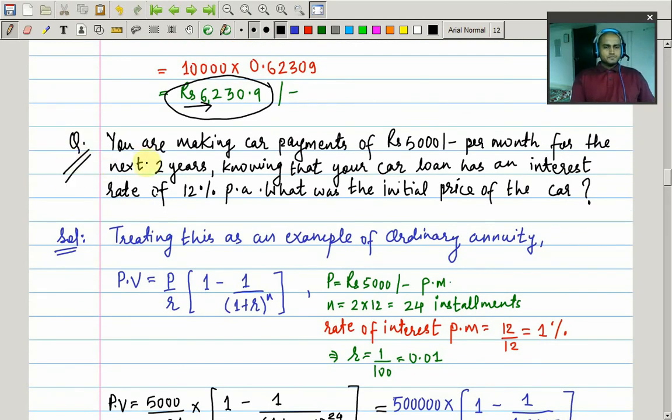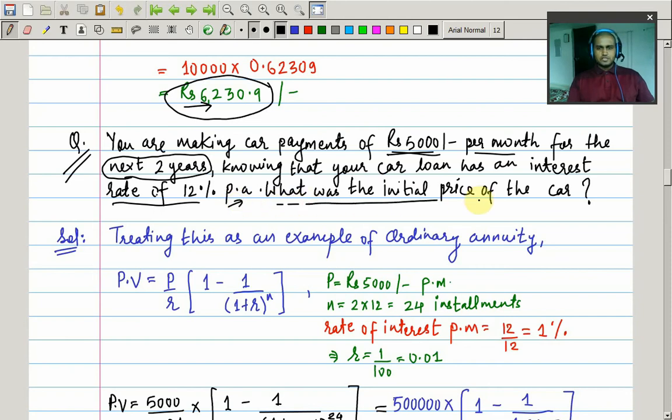So next question. You are making car payments of 5,000 per month for the next 2 years. Knowing that your car loan has an interest rate of 12% per annum, what is the initial price of the car?